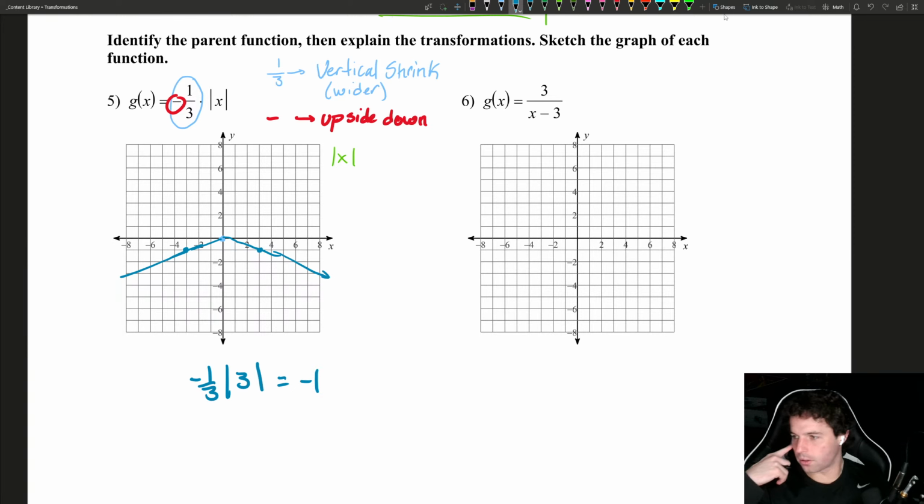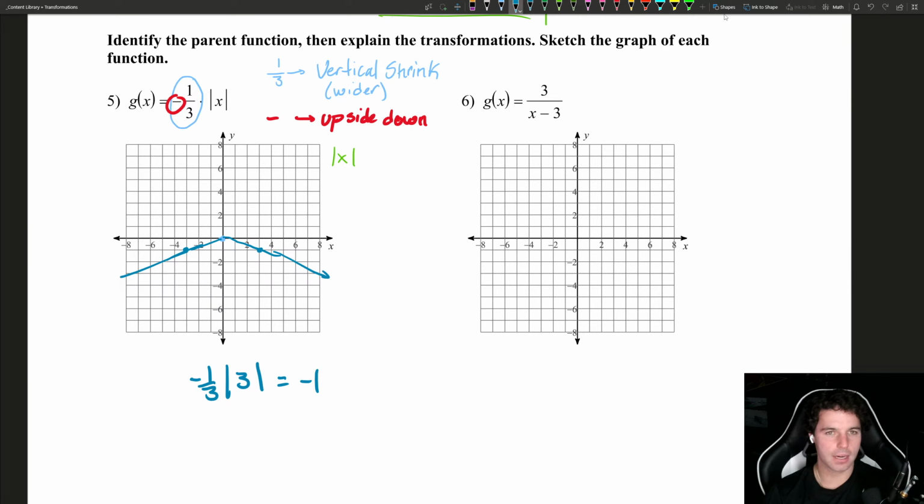Do we have to write vertical and horizontal for the shrinks and stretches? No, you just need, well, it's helpful to use the vocabulary that we've been using. If that confuses you, though, you don't have to. If you just wanted to say it's wider, that's fine. Upside down, that's fine.